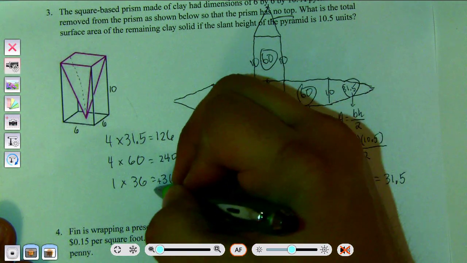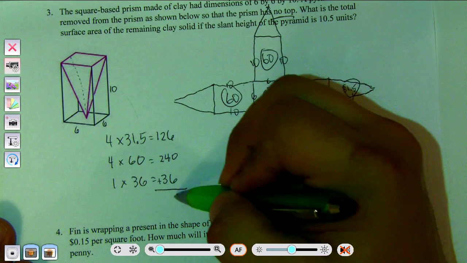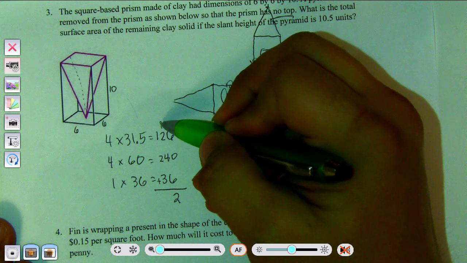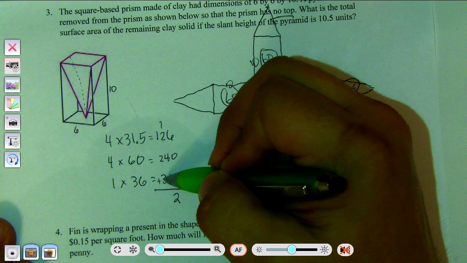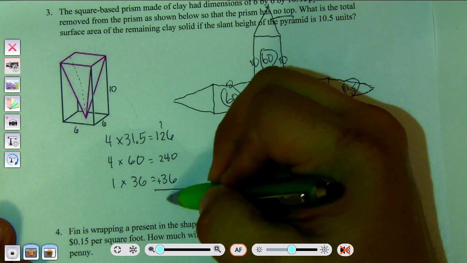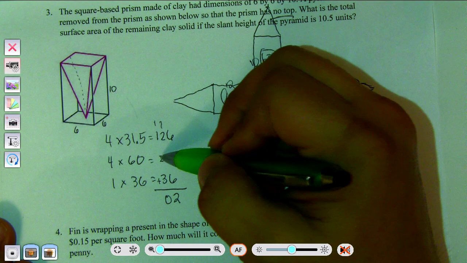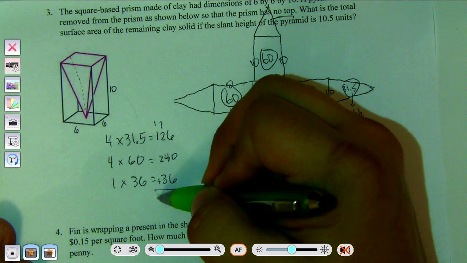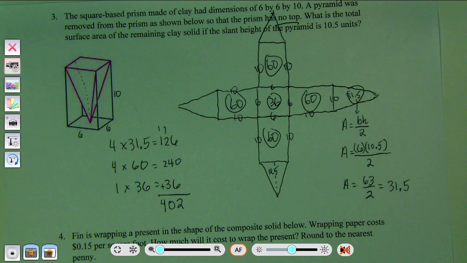And we can add all of this up for total surface area. 6, 6, 12, carry 1, 3, 7, 10, carry 1, 2, 3, 4. So we have 402 square units.